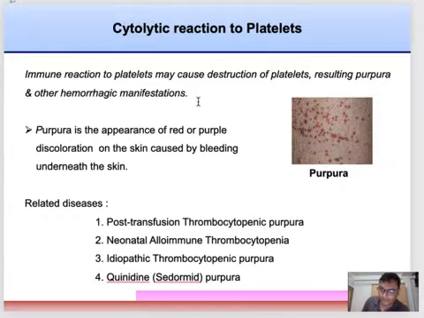Hemorrhagic means blood hemorrhage. As we know, platelets are responsible for preventing blood hemorrhage in our body, for example when, due to an accident, our blood vessels get damaged.